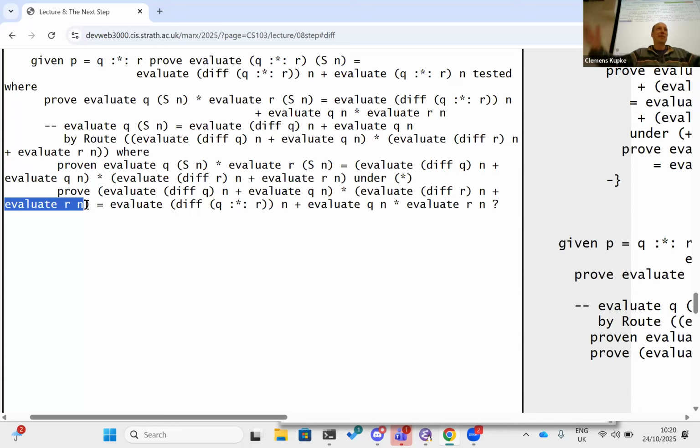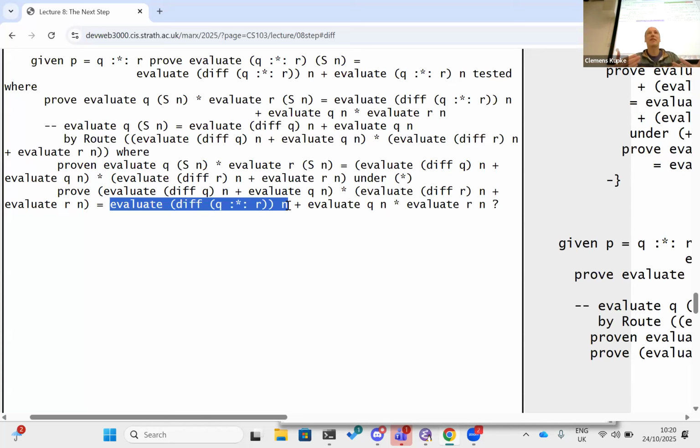Then we have a sum that will have to be equal to the first part, which will give us the definition. So we first multiply it all out, then compare the terms. One of them is the same, and the rest has to be the definition of whatever the difference operator does to Q times R.